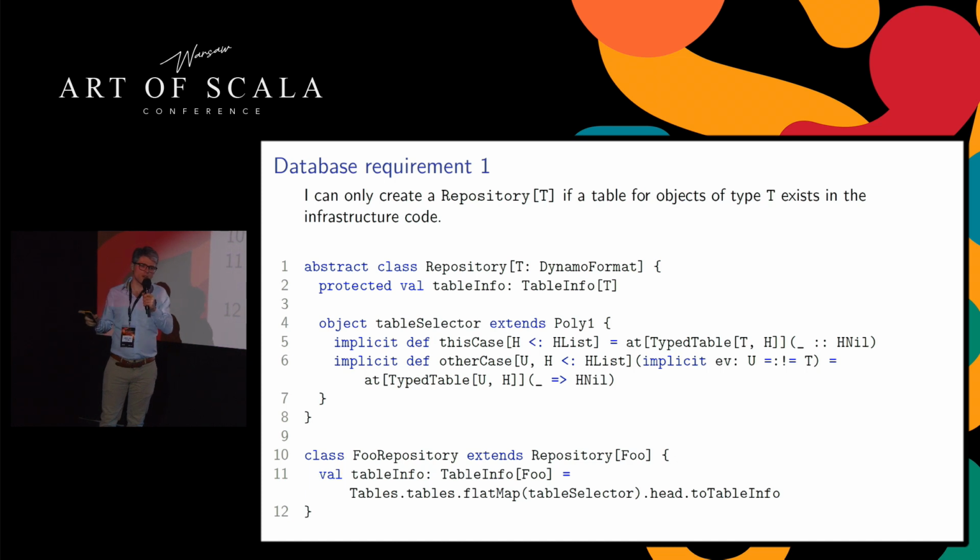So now I know for sure that I can only create a repository of type T if I have the table defined in my intermediate representation. And if I then use that representation as well to generate the CloudFormation template, then I know for sure that I can only create a repository if there exists a table for type T in the infrastructure code. And that's exactly what the requirement was.